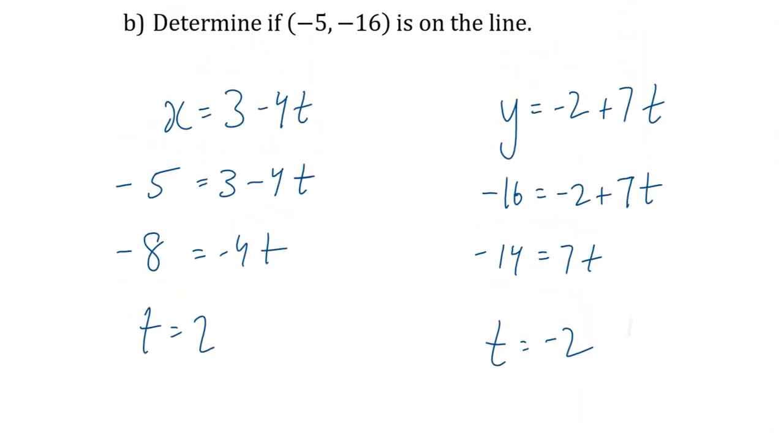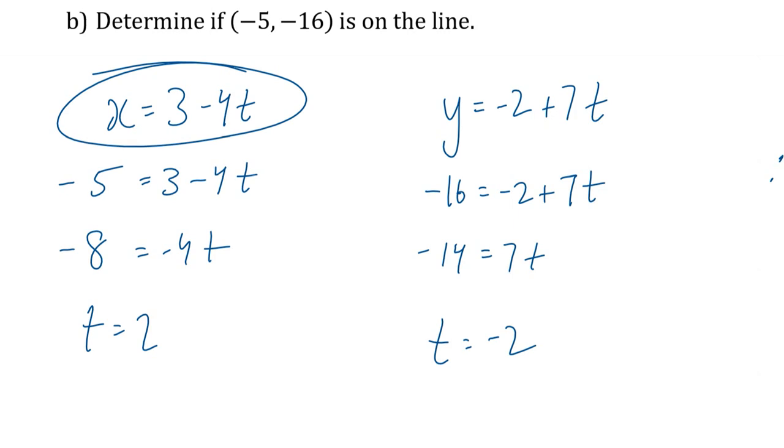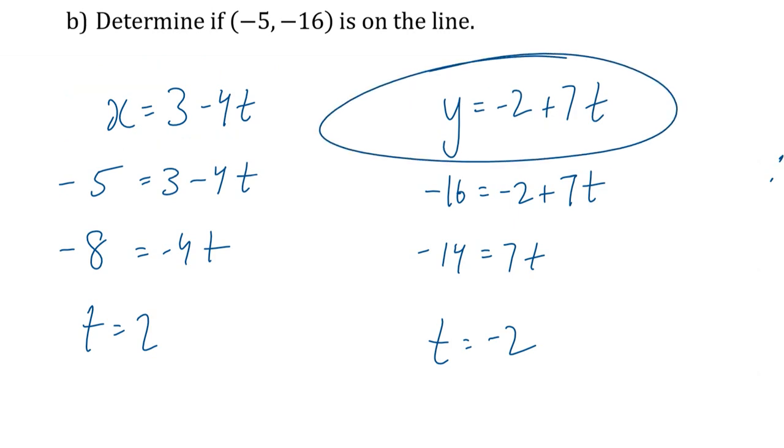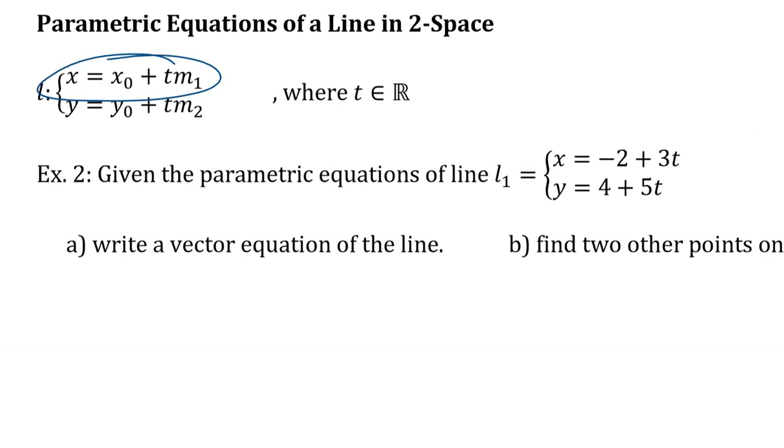In fact, when I look at this, those are like the parametric equations. This was just the x component, and this was just the y component that I broke up separately. Same thing is happening here, okay? And t is my parameter, it's an element of the real numbers.